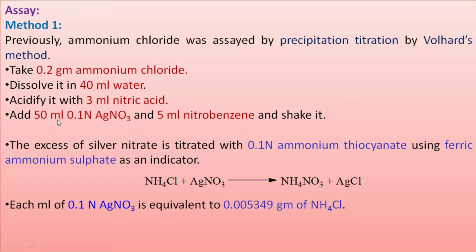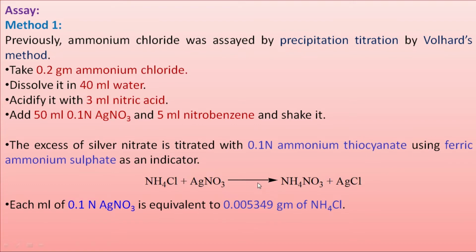Then we will add 50 ml 0.1 normal silver nitrate solution, and we will add 5 ml nitrobenzene. After that we will shake the entire mixture. Now the excess silver nitrate we will titrate with 0.1 normal ammonium thiocyanate solution using ferric ammonium sulfate as an indicator.